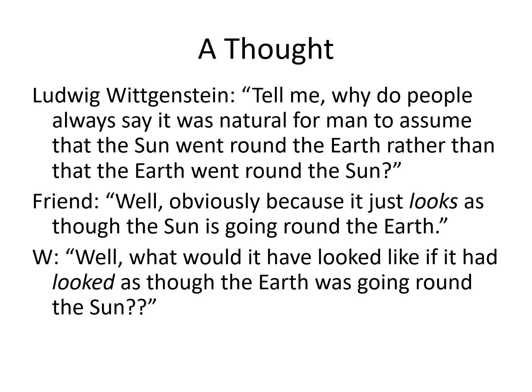Wittgenstein replies, "Well, what would it have looked like if it had looked as though the earth was going round the sun?" So, of course, the underlying paradox here is we have an observation. And let's just take the sun, and the observation is the sun, in a given day, rises in the east, passes high in the sky, and sets in the west.